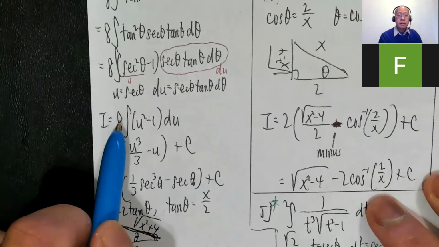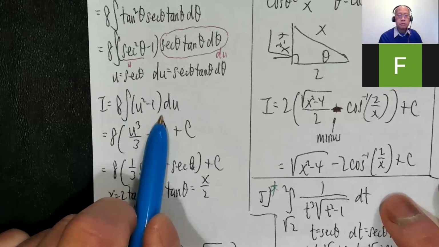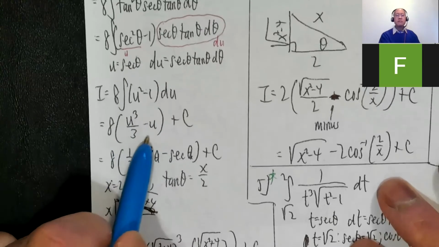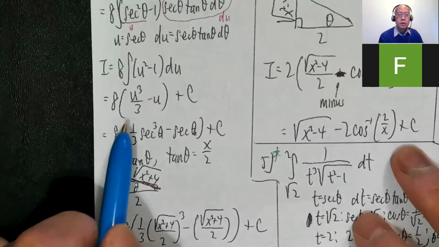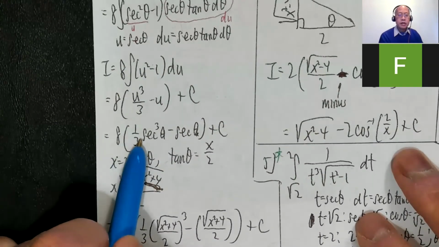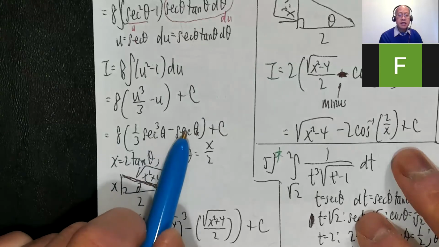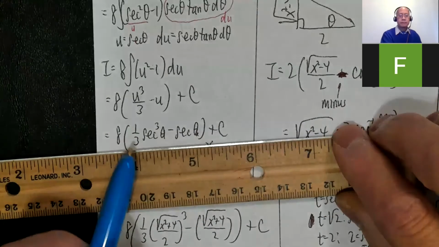So when I integrate, I've got 8 integral of u squared minus 1, u cubed over 3 minus u plus c. Change u back to what it was, secant. So I have 1/3 secant cubed theta minus secant theta plus c. Right here.